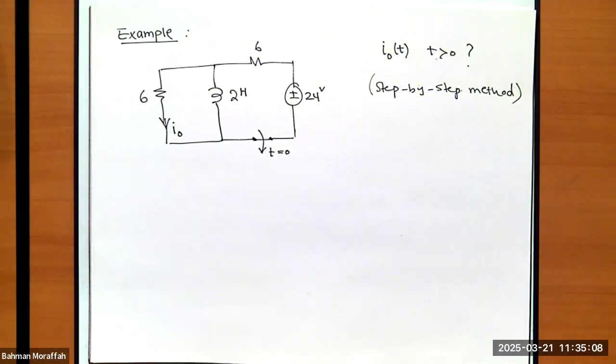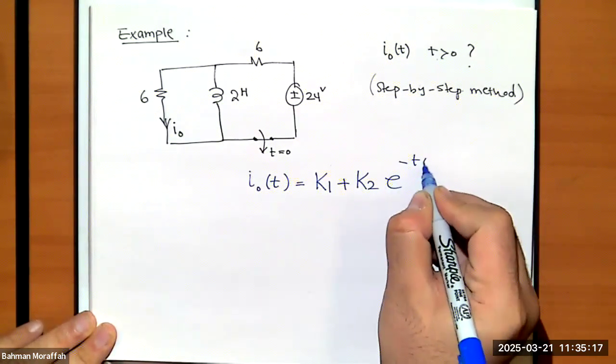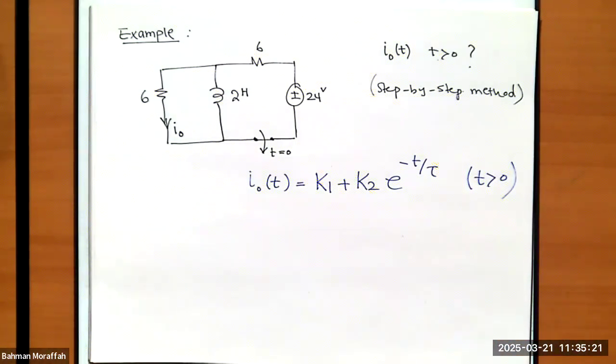Again, we can assume this I naught has this form, K1 plus K2 e to the power of minus t over tau for all times that are greater than 0. We do not really need to have any continuity condition at the moment. So we're going to assume the solution is this. All we've got to do is find K1, K2, and tau. And as long as I have those three, I'm done.